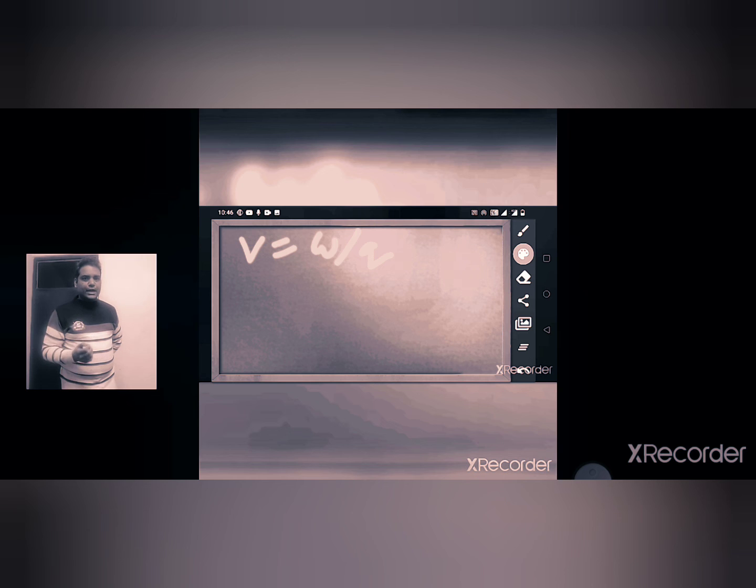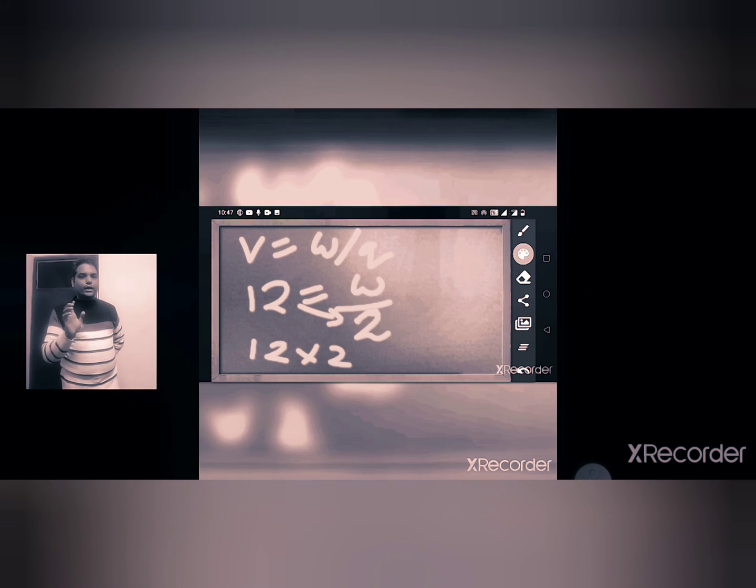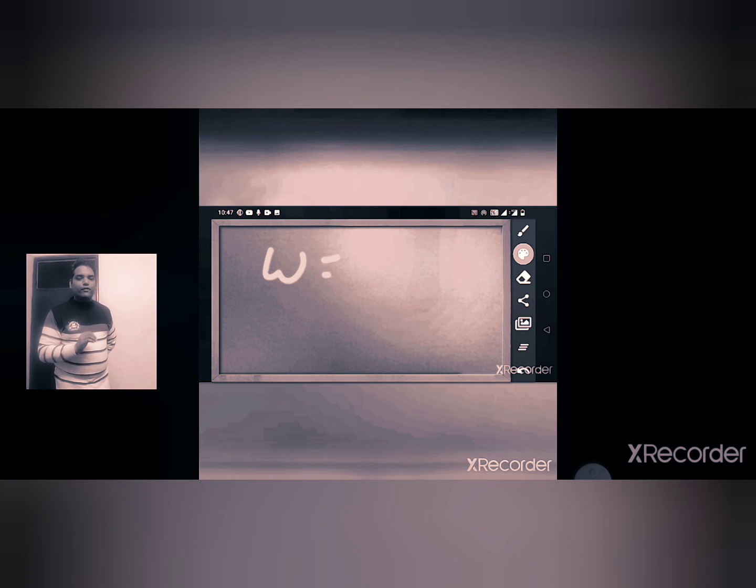Here we have the standard formula V is equal to W by Q. So 12 is equal to W by 2. Now we clearly get the work done after multiplying 12 cross 2, that is 24 joule. So our final answer for the third question is 24 joule.